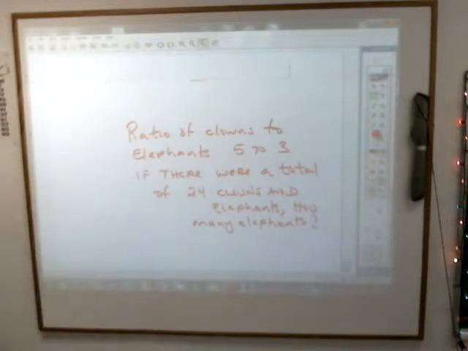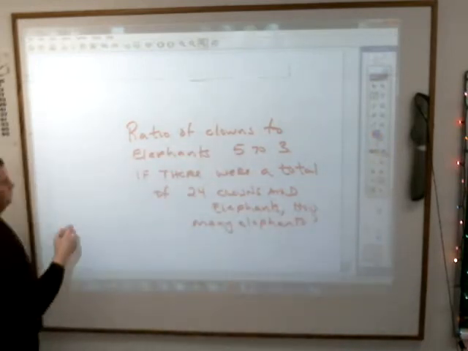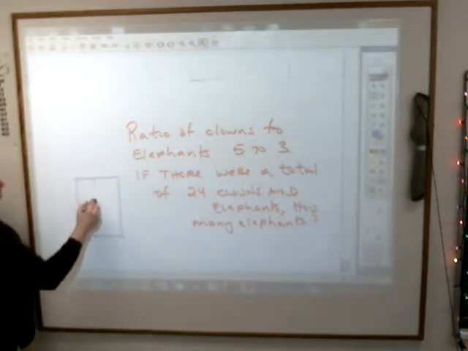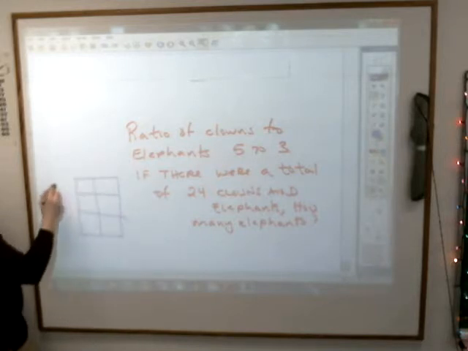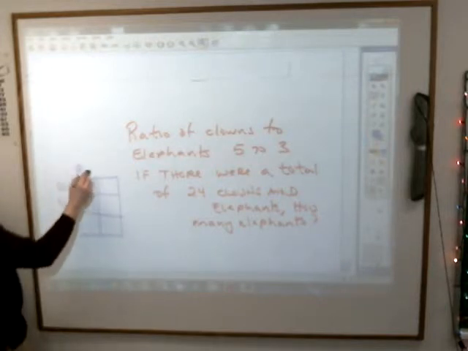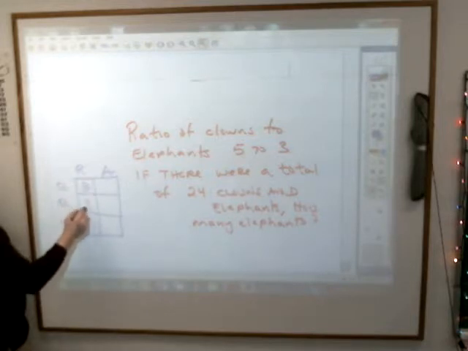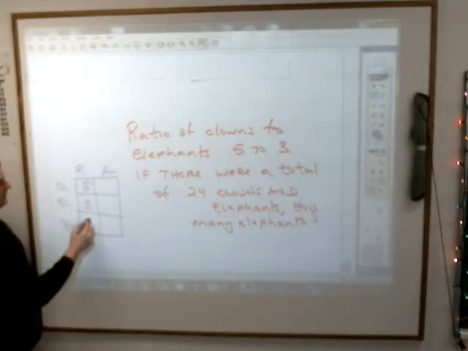Now this time you're given the actual total, so I don't believe there's any other way to do it rather than putting the whole ratio thing down and making 3 columns. I'm comparing clowns to elephants, and then you need to put a total box here. Ratio, actual: 5 clowns for 3 elephants. That makes a total of 8.